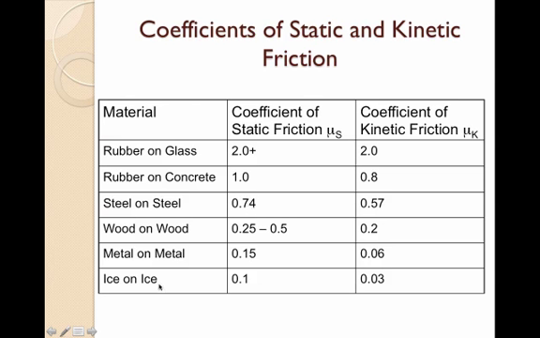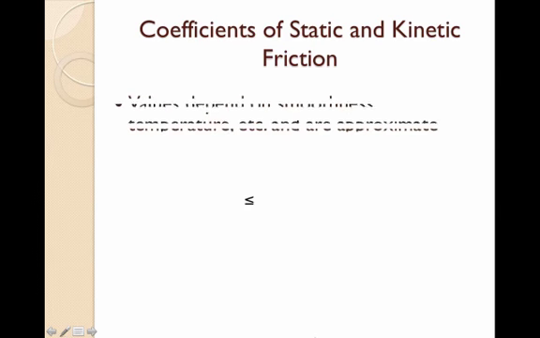If you think about ice on ice, it has almost no coefficient of static friction or kinetic friction, because that means that the surfaces are probably really, really smooth and or really, really wet. And think about these two compared to each other. Static friction is much bigger comparatively than kinetic friction for ice on ice. Ice on ice is 1/10 for static friction and 3/100 for kinetic friction. So static friction you're seeing across the board is higher than kinetic friction is.